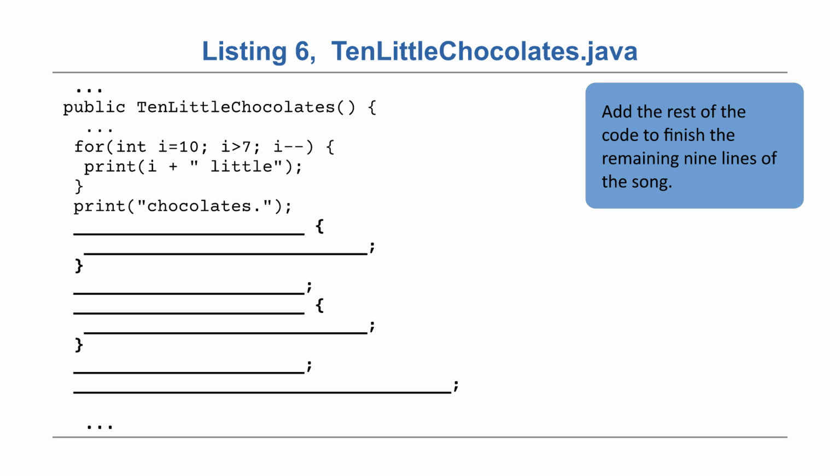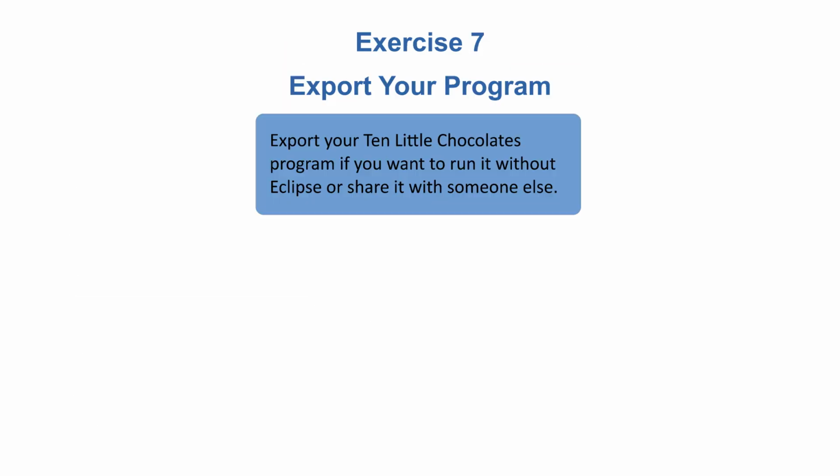It should have printed the entire song, counting up to 10 little chocolates, then counting back down to 1 little chocolate. Exercise 7. Export your program. Export your 10 little chocolates program if you want to run it without Eclipse or share it with someone else. Refer to TG11.1 Export a Program for a demonstration on how to export any of the games in these videos.